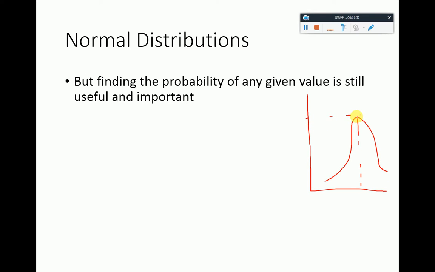So that suggests the height of a curve is actually not the probability of observing a particular value x. The height of the distribution is not what we should be looking for. But then you may ask, what should we be looking for?